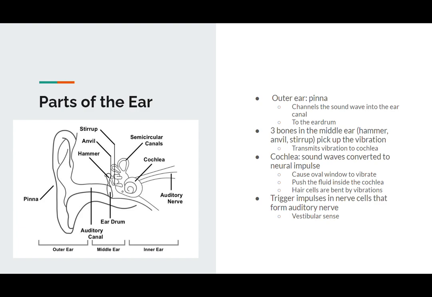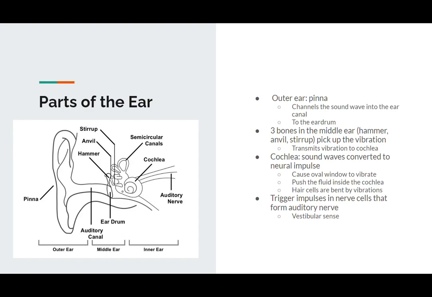The hair movement triggers impulses in nearby nerve cells that form the auditory nerve. Similar to the optic nerve, which is for the eye, the auditory nerve sends messages to the thalamus, which are sent to the auditory cortex in the temporal lobe. So the occipital lobe is mainly for vision, whereas the auditory cortex is in the temporal lobe.